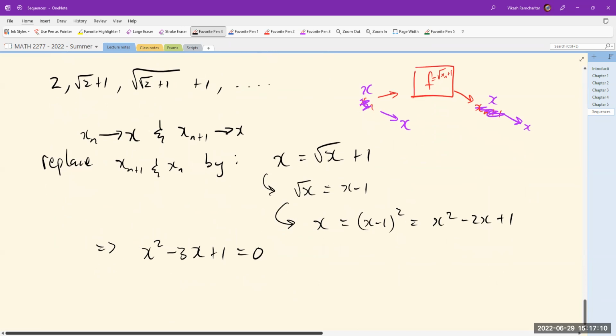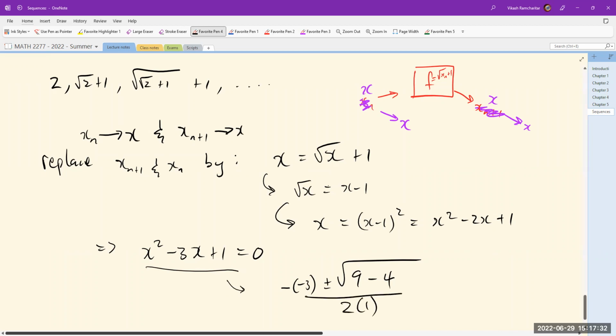Then you just need to solve this quadratic equation using the quadratic formula. It's minus b, so minus minus 3, plus or minus the square root of b squared, which is 9, minus 4ac, which is just 4, all over 2a, where a is 1. So it's 3 plus or minus the square root of 5, all over 2.